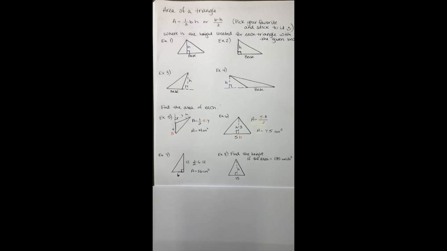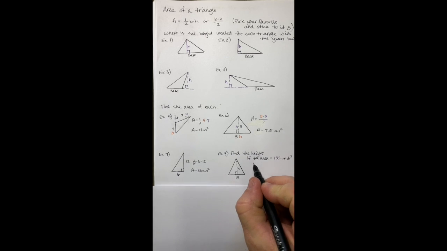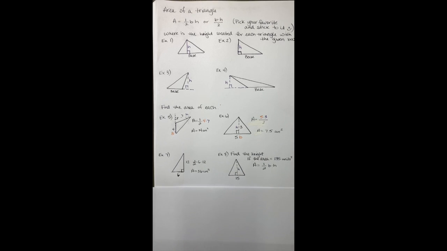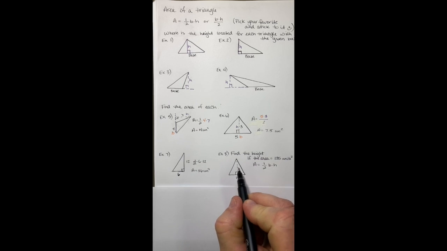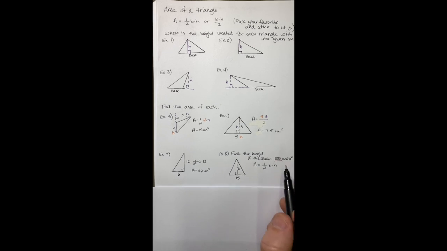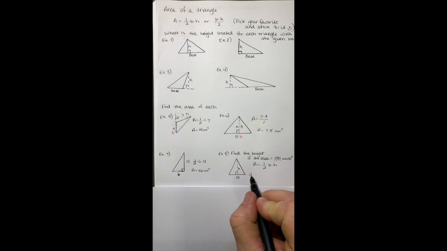Now with this next one, I just want to run through it real quick, just because we need to make sure we remember this. The area equals 1/2 base times height. If I'm given that the area is 135 units, I know I'm looking for h. So that is what equals A, so we're going to put 135 there.